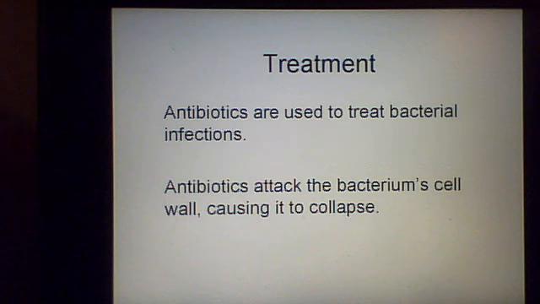And we were talking about treatment. The medicine that doctors prescribe for bacterial infections are antibiotics. Antibiotics work by attacking the bacterium's cell wall, causing it to collapse.